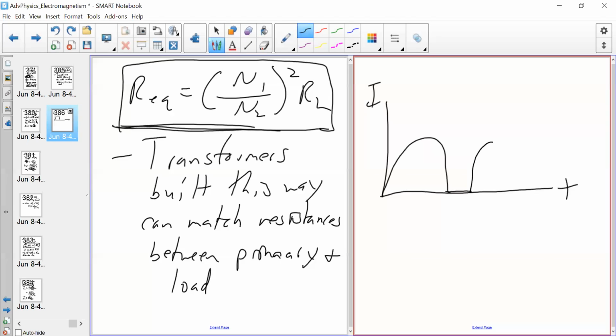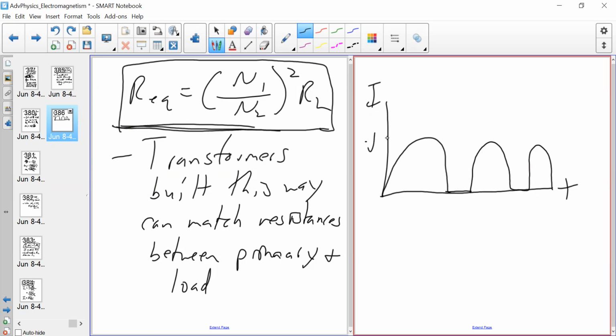It's going to be something like where this would come down. So without too much detail, that's basically what's going to happen. Current flows in one direction.